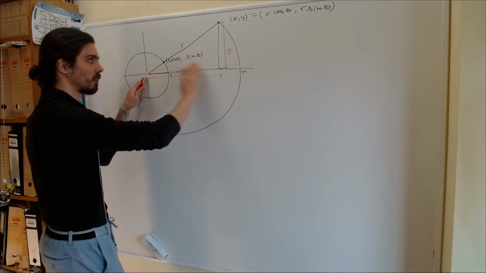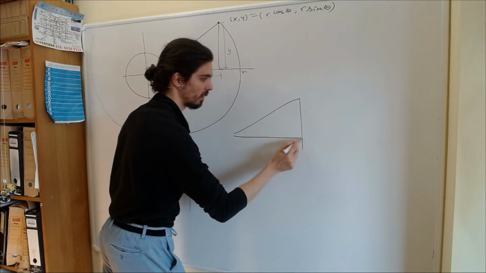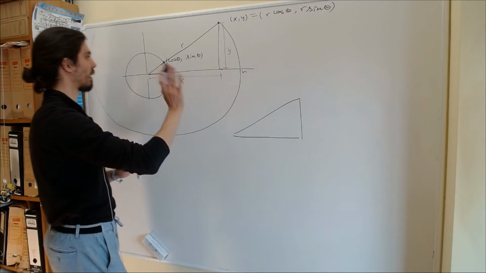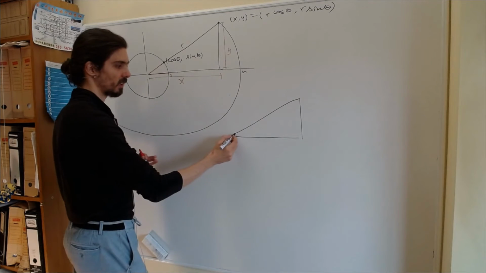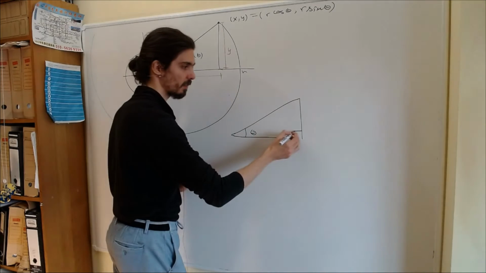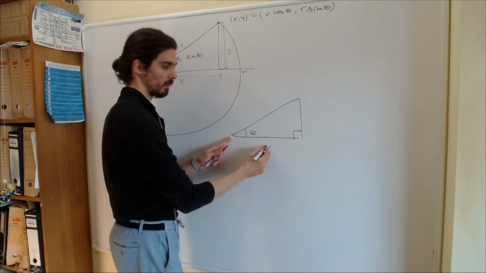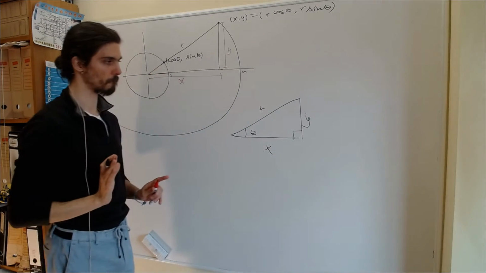Let's just focus on the triangle. I will draw it here. Just remove the circle and remove the axis. Just keep the triangle. This is angle theta. This is the right triangle. This is x, this is y, and this is r. Okay?